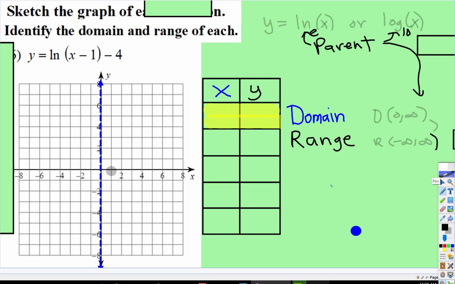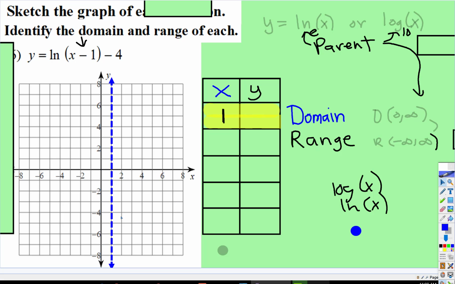Remember what we said before when it was log of x or ln x, wherever that asymptote, whatever zeroes out the x, that's your first value. So for this graph, whatever zeroes out x minus 1, which is 1, that means this asymptote gets moved over 1.